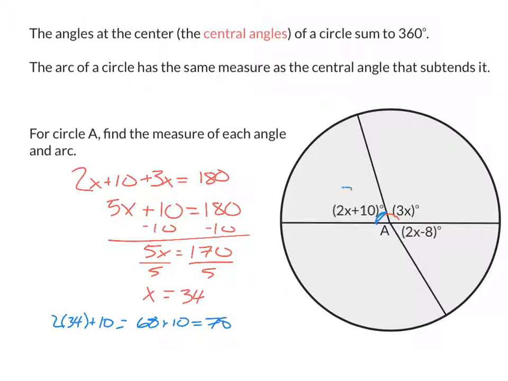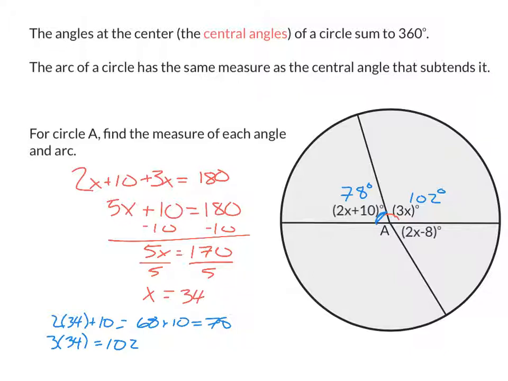So this is 78 degrees for that angle. The next one is 3 times 34. 3 times 34 makes 102. And so this is 102. 78 and 102 should add to 180, and indeed they do. 78 plus 102 does make 180.